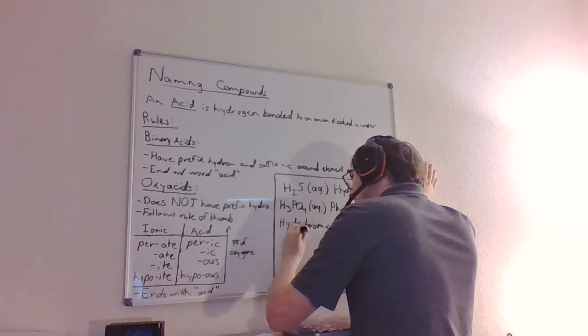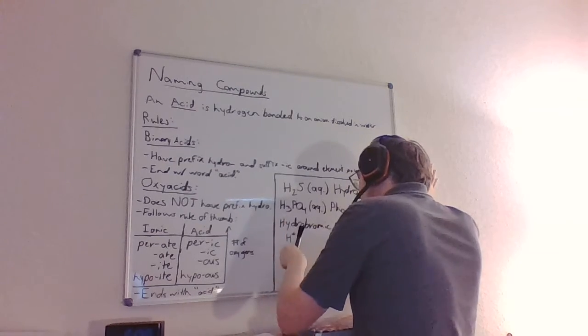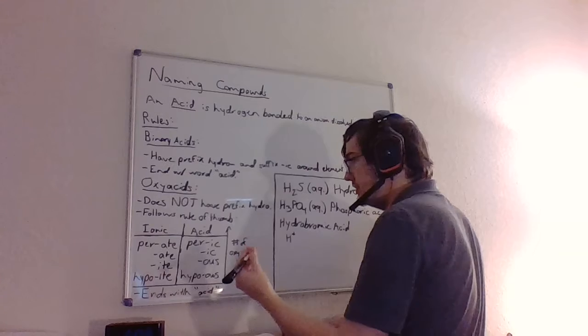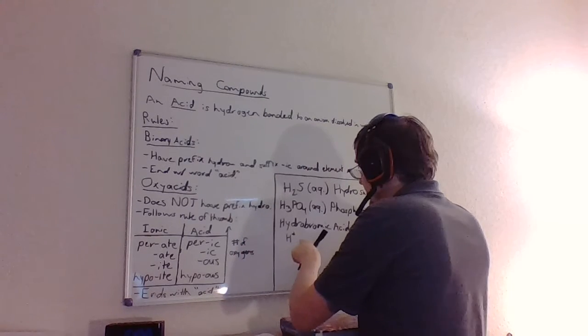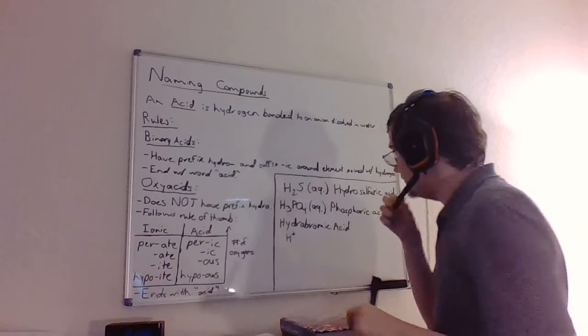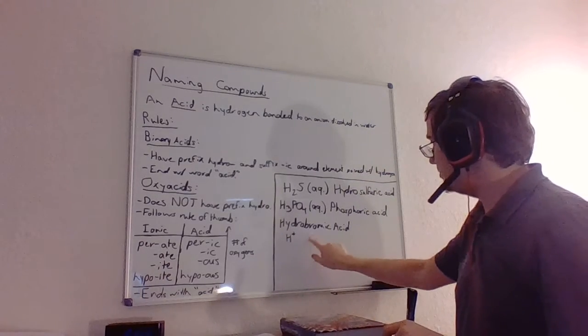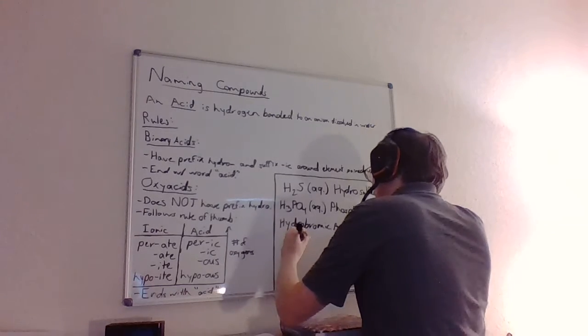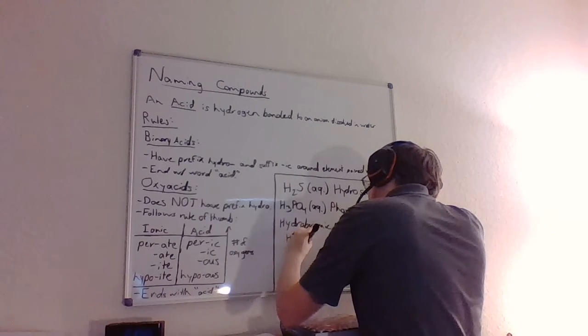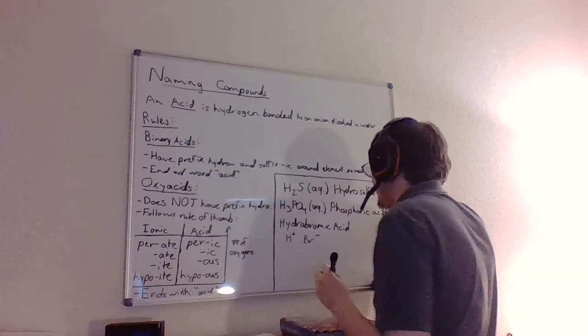So with hydrobromic, let's balance the charges here. We know that the acid is H, and in an acid, we normally say that the hydrogen has a +1 charge. Now we also have Br with a minus charge.